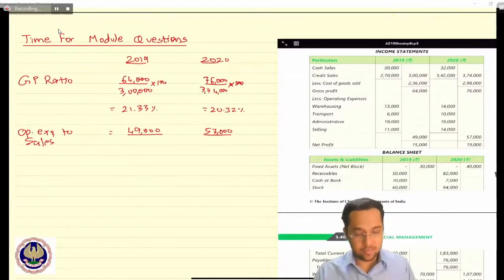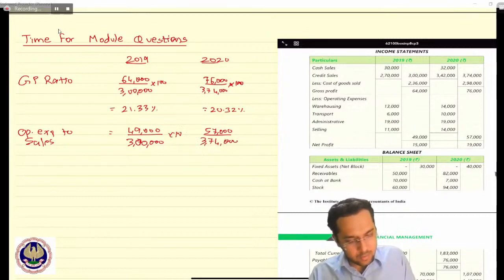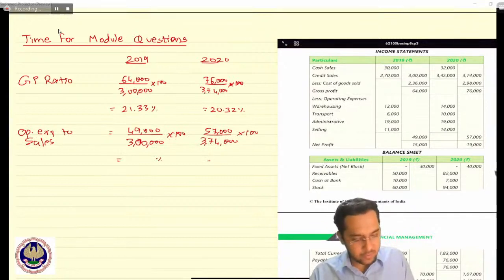Sales value is again the same, 3 lakh and 3,74,000. No doubt, multiply it by 100 to get it in terms of percentage.